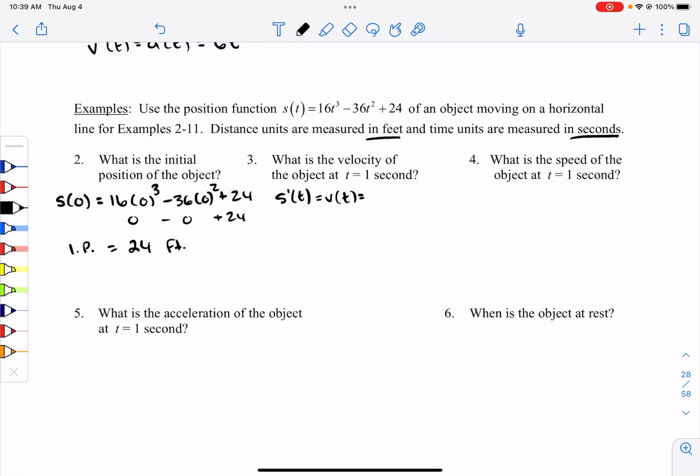So 16t cubed becomes 48t squared, minus 36t squared becomes 72t, and the 24 goes away. So my velocity function is this one right here. So it wants me to evaluate my velocity at time 1.